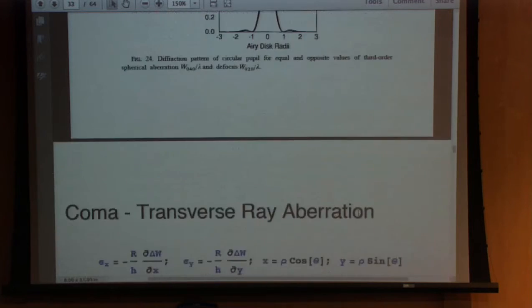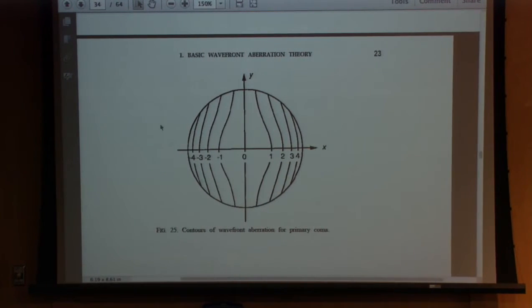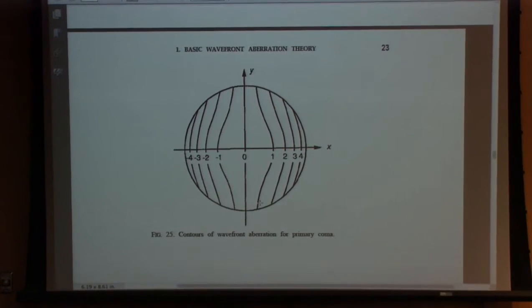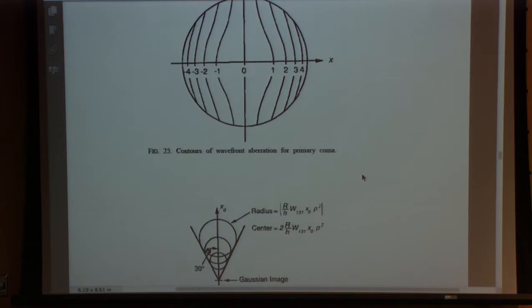And so if I look at what this image looks like, geometrically anyway. Well, first off, I guess I should have shown this. This is just the contour lines for coma. So these are lines of constant OPD for a given field point.